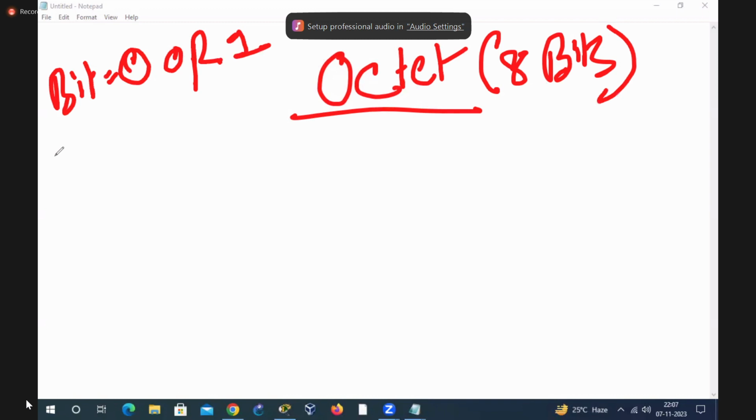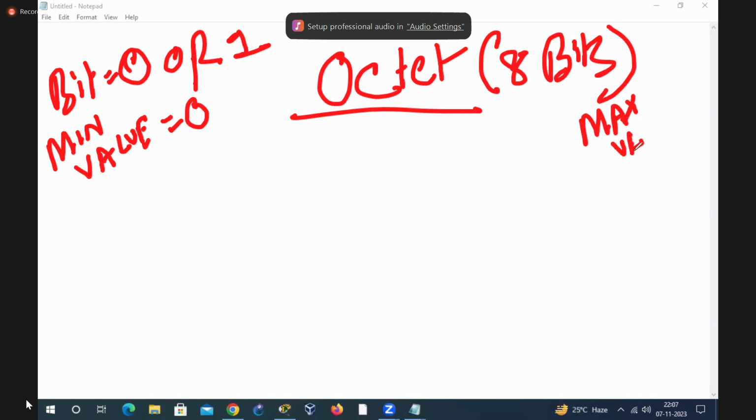So the minimum value in an octet is always 0 in decimal. And the maximum value in an octet, with all 1s, is always 255.